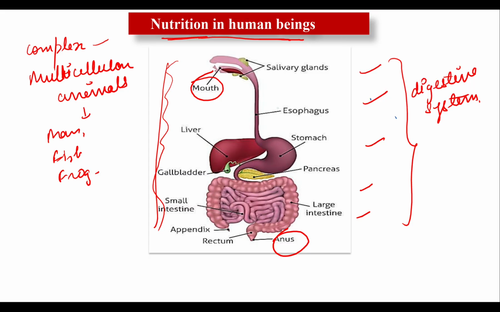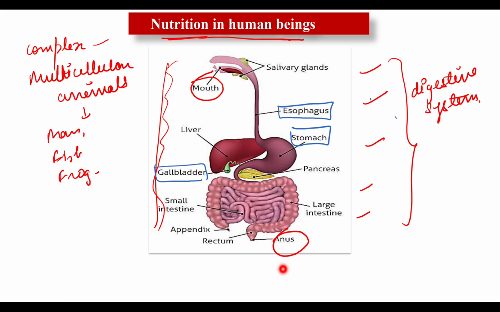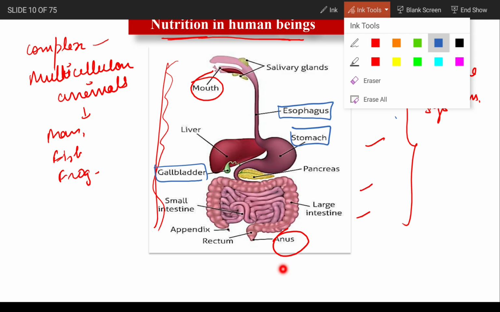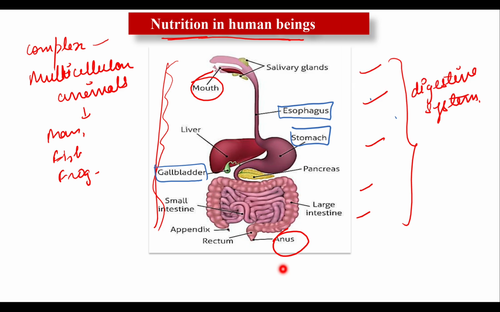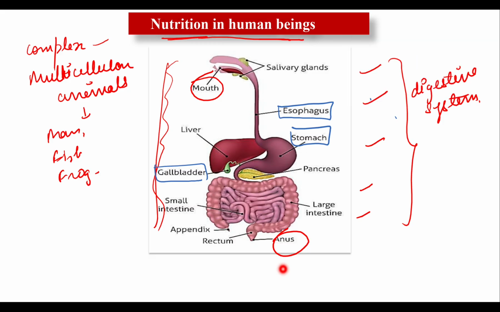It consists of mouth, esophagus, stomach, pancreas, large intestine as well as small intestine. All these organs collectively are known as the alimentary canal.